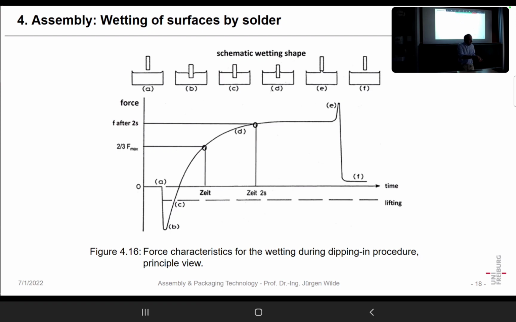Then we take a standardized flux and compare different components, whether they solder well or not. And soldering well means high wetting forces and proper wetting time. So again, that is something which gives us information on how good such a process is.